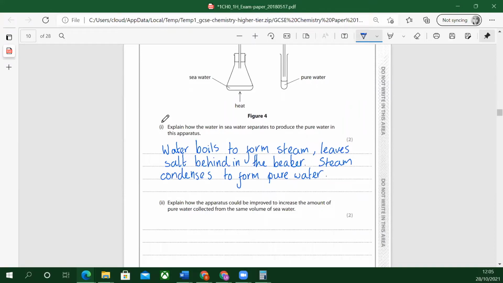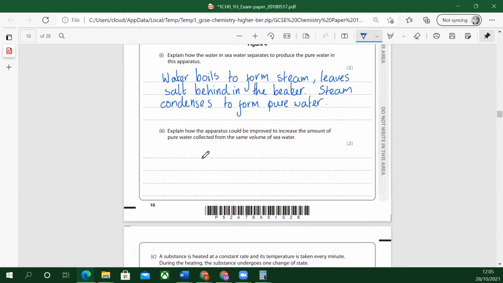Okay, it says explain how the apparatus could be improved to increase the amount of pure water collected from the same volume of seawater.